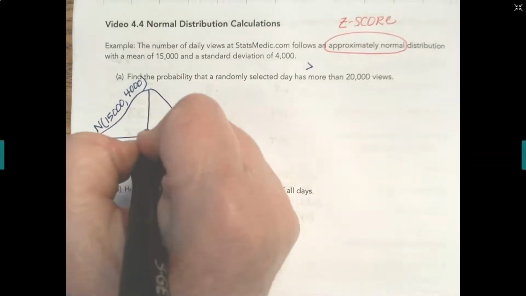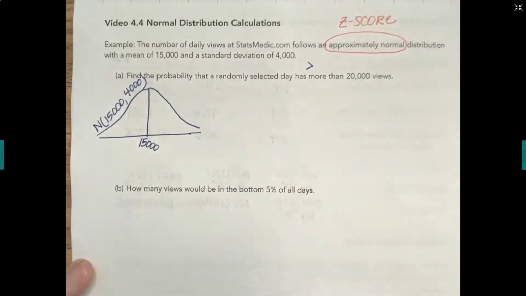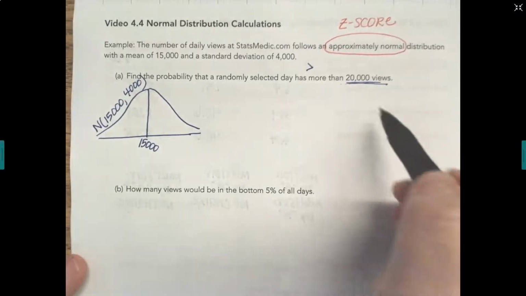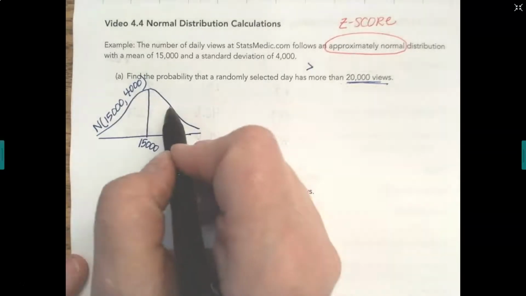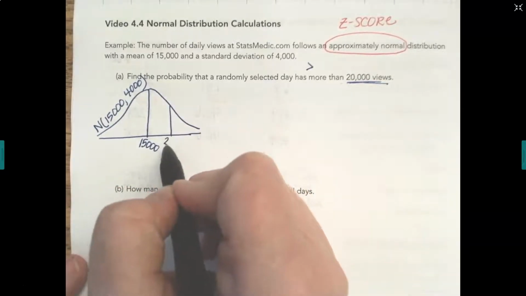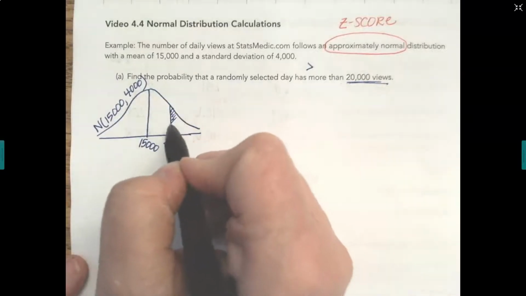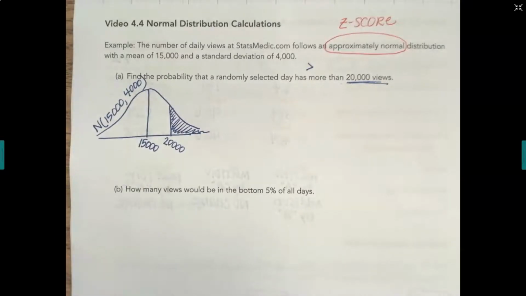So our mean is going to go right here in the middle. And the number I'm curious about, what's the probability of being greater than 20,000 views. So on this curve, 20,000 would be to the right somewhere from 15,000. And I want more than that. So I'm talking about this shaded area right here.